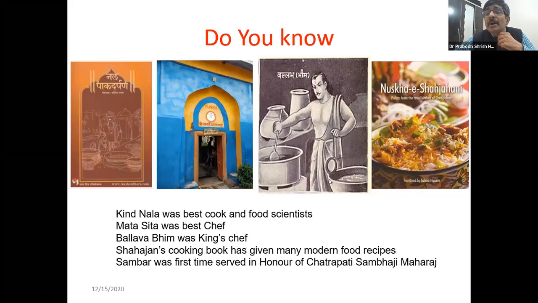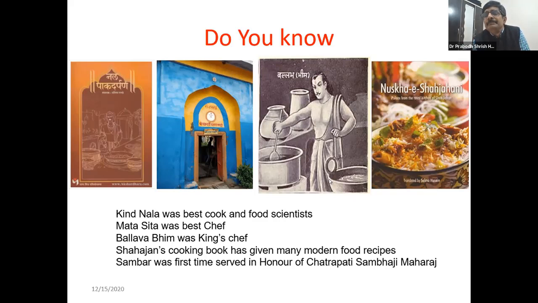An interesting story on sambar, the dish we eat with idli and dosa. The story goes like this. Chhatrapati Sambhaji Maharaj, son of Chhatrapati Shivaji Maharaj, visited Tanjavur, the same place where today the Indian Institute of Food Technology resides. The king of Tanjavur then was Shahuji Maharaj, a cousin of Sambhaji Maharaj.